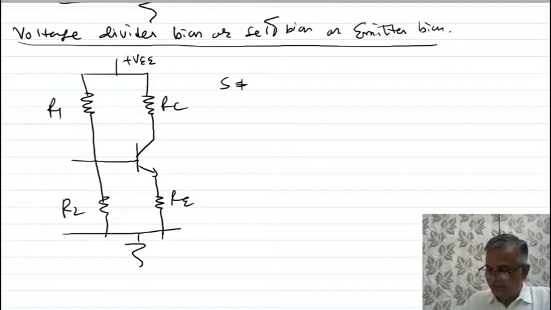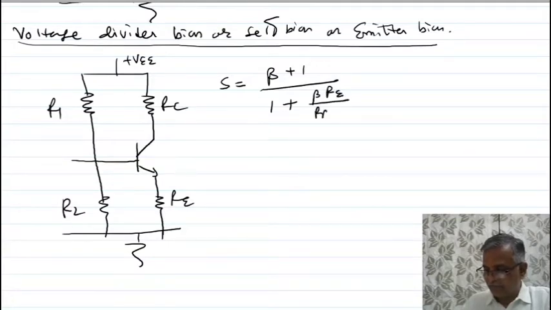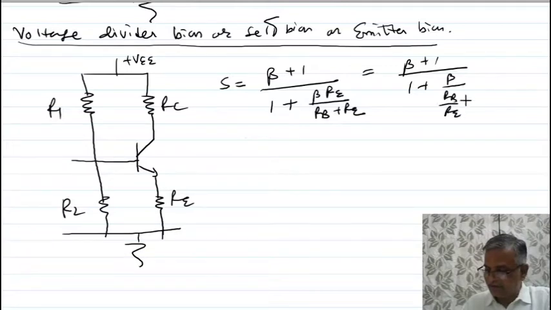For the voltage divider bias, stability factor S is given by (beta plus 1) upon beta into RE upon (RB plus RE), and this value is beta plus 1 upon 1 plus beta upon (RB by RE plus 1).